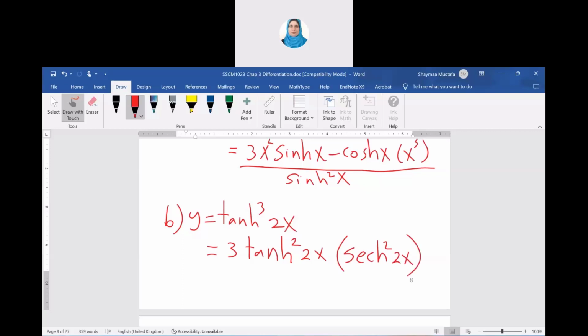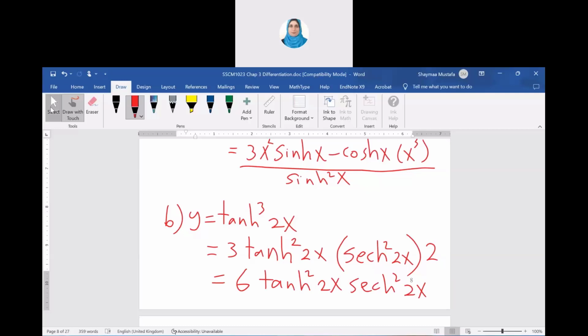Now I need to find the derivative for 2x, which is 2. So this is multiplied by 2. So you have 3 times 2 is 6, tan square 2x, sec square 2x.